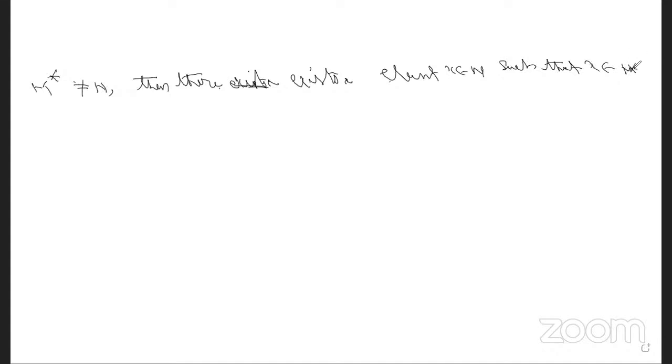What we observe? So m star is not equal to N, then there exists an element x belongs to N such that x does not belong to m star.